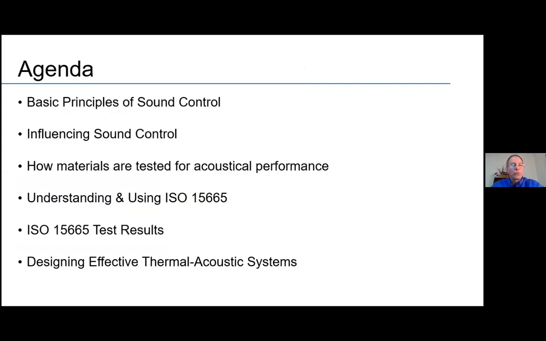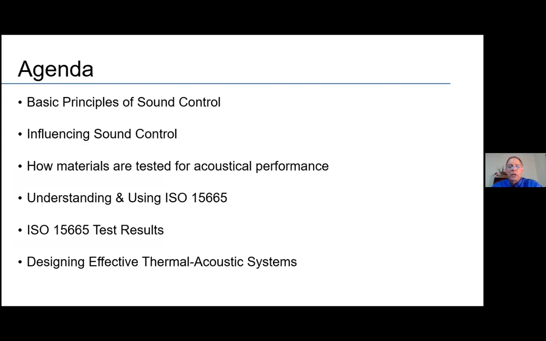Here's a quick overview of what we'd like to try and cover today. We'll start off with a short discussion about the basic principles of sound control. Look at some aspects of how you influence or control sound. Take an overview of how materials are tested for acoustic performance. Then we'll do an overview of the most widely accepted acoustic standard for industrial applications, and that is the ISO 15665 standard.